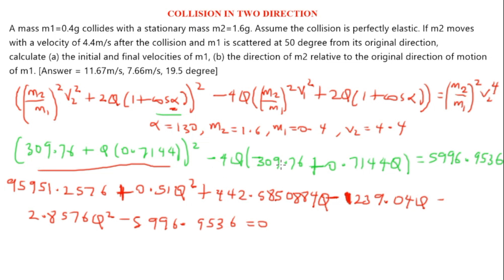So minus 4 times this should give you this, minus 4 times this should give you this, minus 4q times 0.71144q will surely give you this squared. So don't forget, this is the minus. And it's supposed to be equal to this. So I took this to this side so that we can have a quadratic equation.